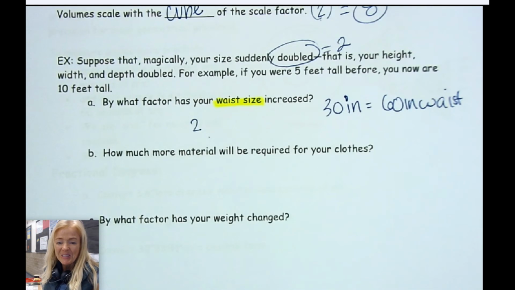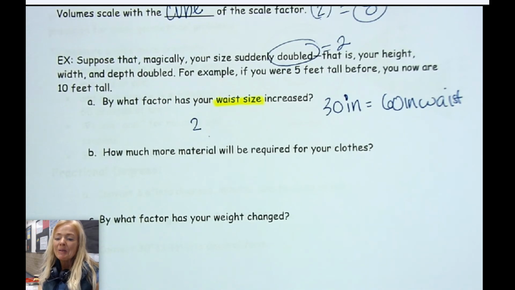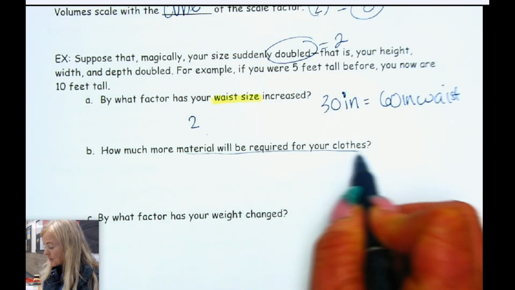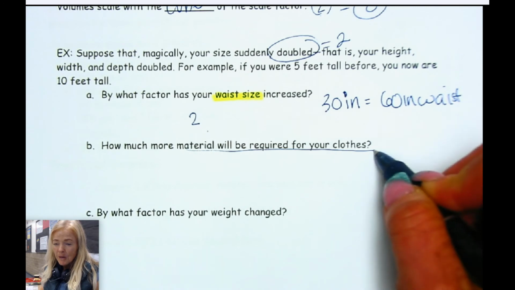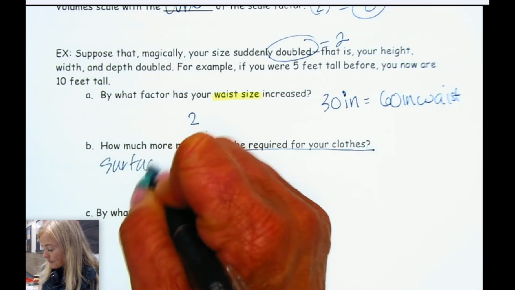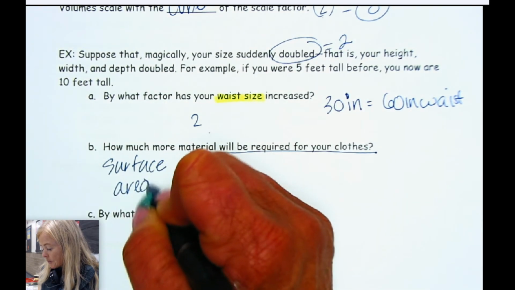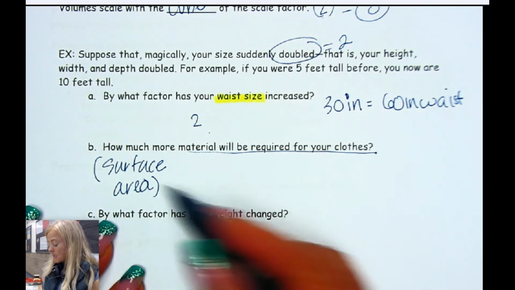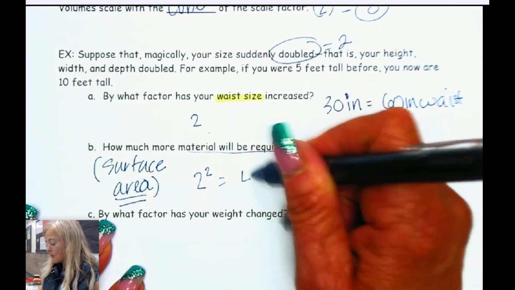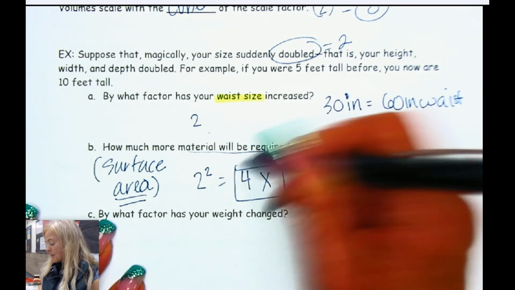How much more material would be required for your clothes? Well, material for your clothes, that's going to be squared, right? That's area, surface area. Surface area is the material. And if it's a surface area, area is the key there. 2 squared, or 4 times as big, right?